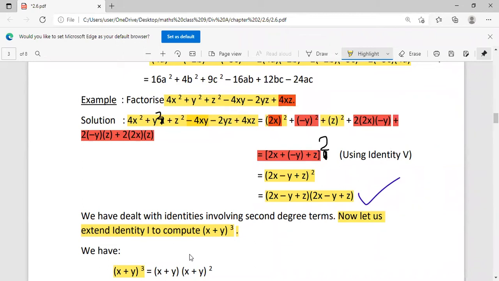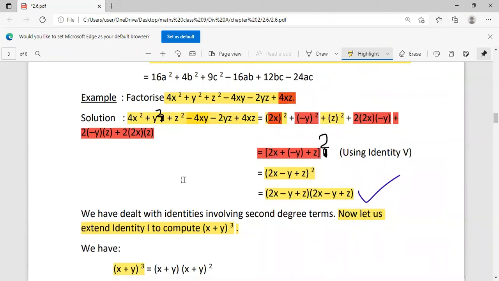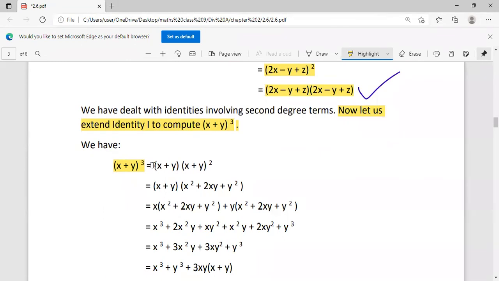In order to avoid that, I am showing all this. Okay, so you just learn the identity by heart. So what is x plus y whole cube? We are splitting it as x plus y into x plus y whole square. There is no doubt at all. Okay. Yes, sir.